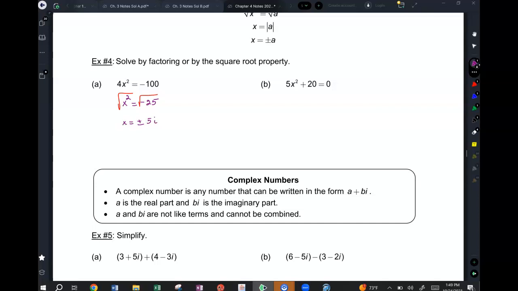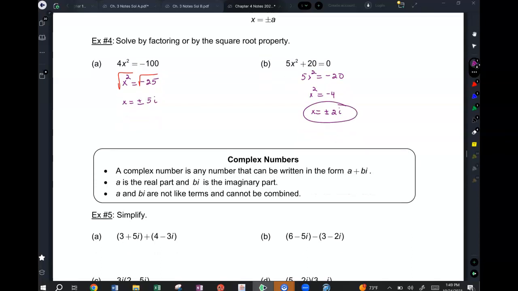Two imaginary solutions. Anytime you have a negative inside the square root, the negative comes out as an i. Now, 5x squared equals negative 20. x squared equals negative 4. x is plus or minus 2i. Good.